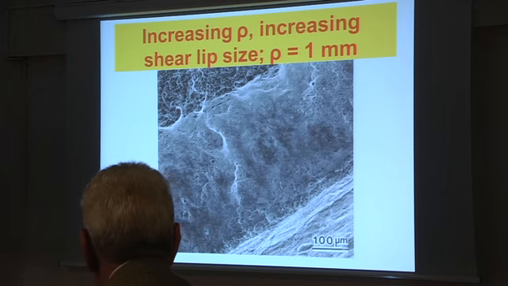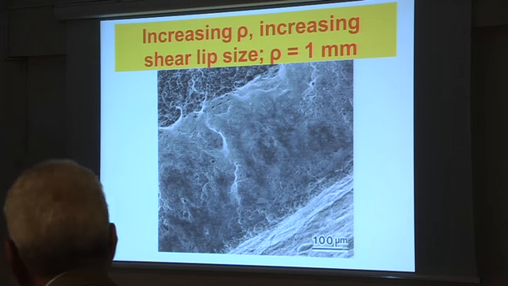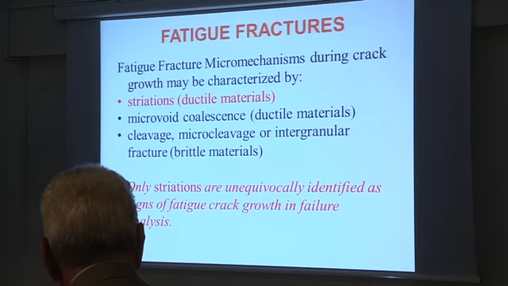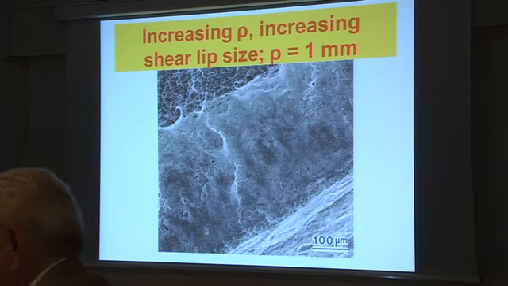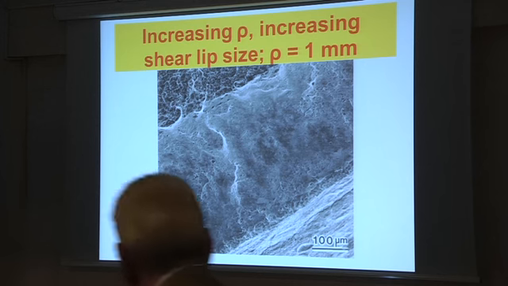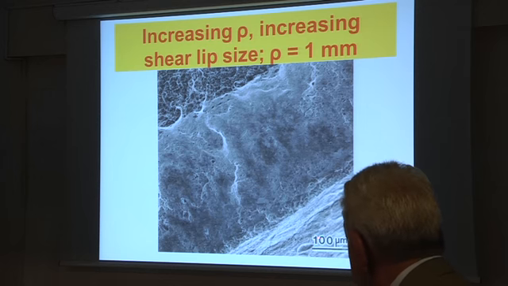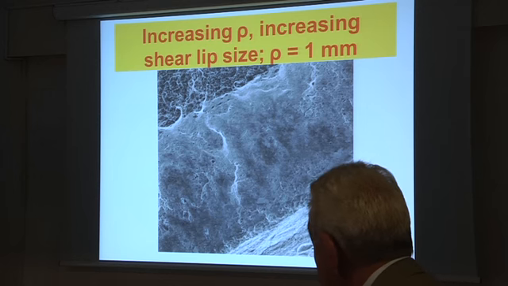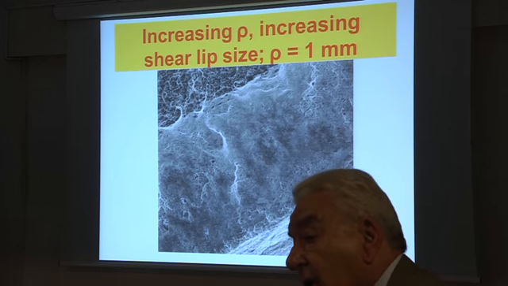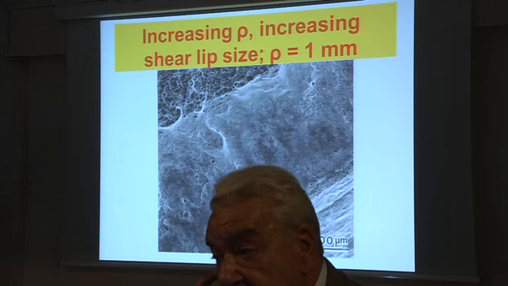When you have a rho equal to 1, you have a monster of a slip line that can be seen with the naked eye. You see, this is 0.1 millimeter, which is the limit of what you can see with your naked eye.